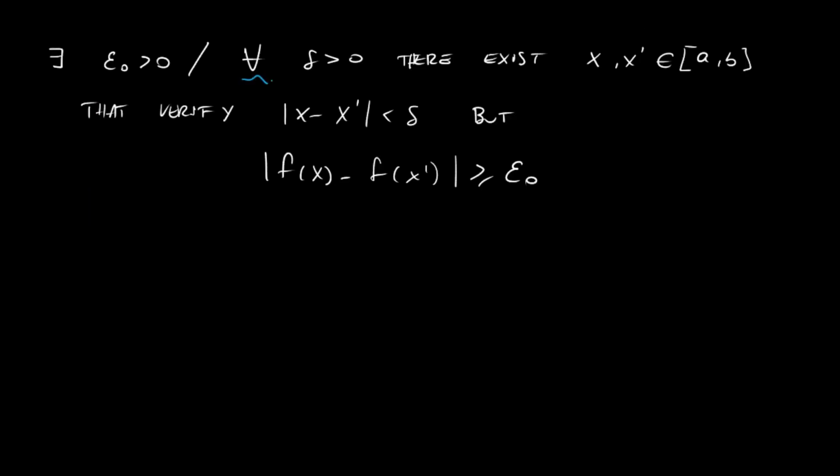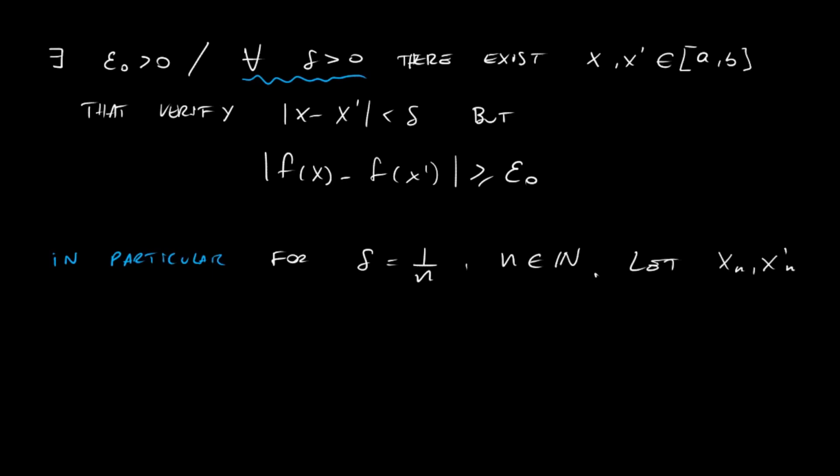Now we have something for every delta greater than 0, and in particular all these things will be valid for delta equal to 1 over n, where n is just a natural number. So we know that for this delta there will exist x and x prime, let's call them x sub n and x prime sub n, such that x sub n minus x prime sub n is smaller than delta, that is smaller than 1 over n.